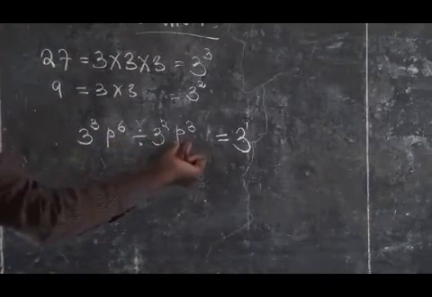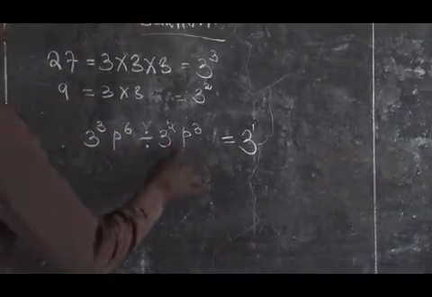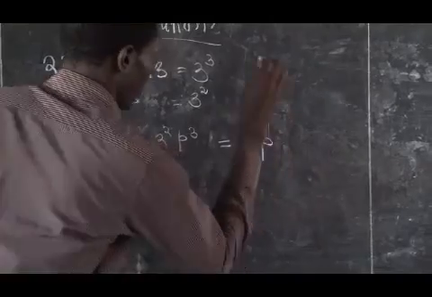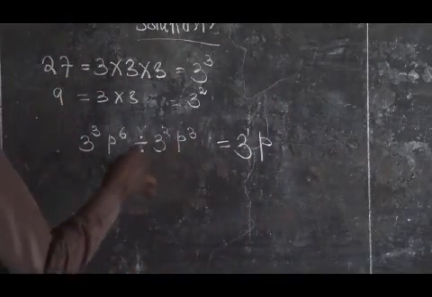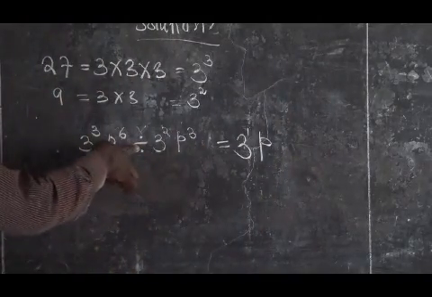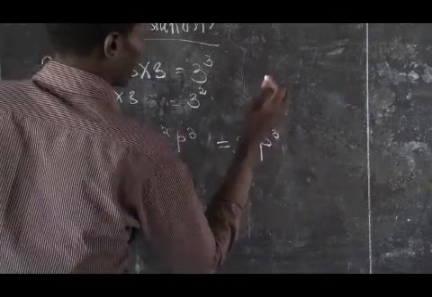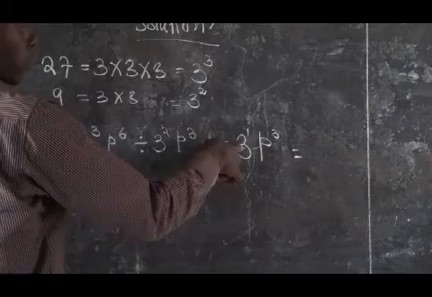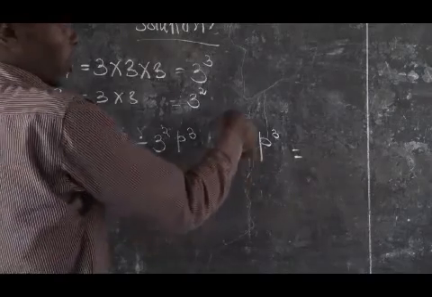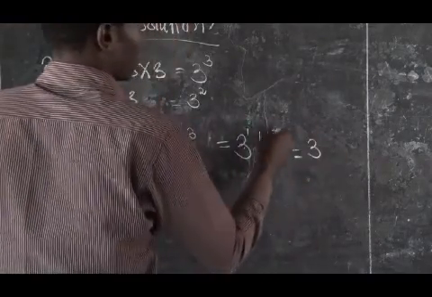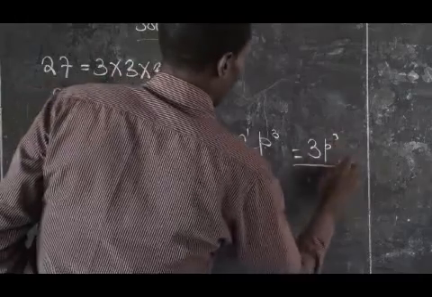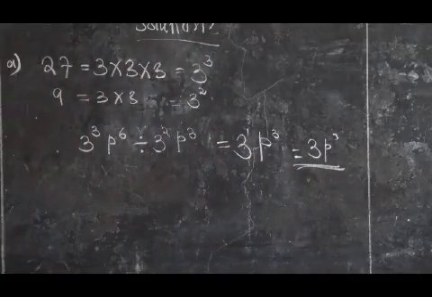Again, we go to p. p is also having a single base, which is p. Then we subtract the powers because the symbol which is here is division. So it is 6 minus 3, which is 3. So here, 3^1 is the same as 3. This is p^3. So this is the solution for part A.